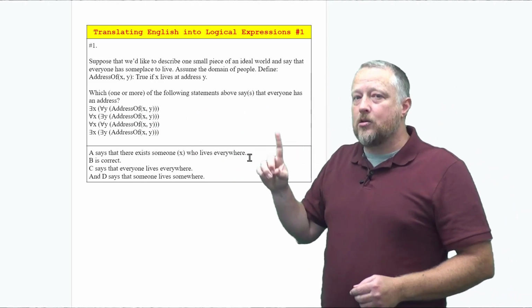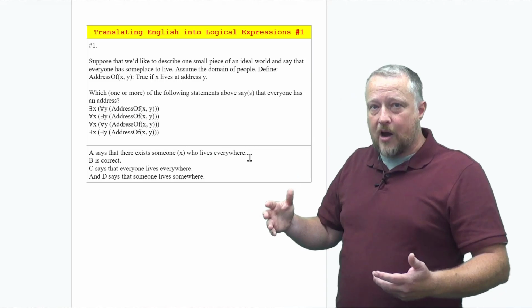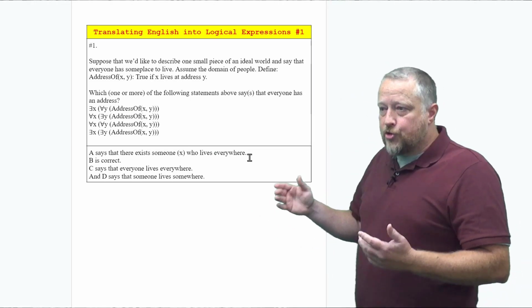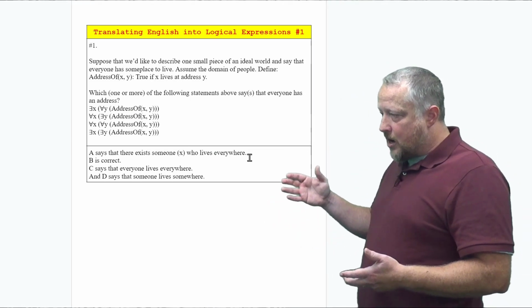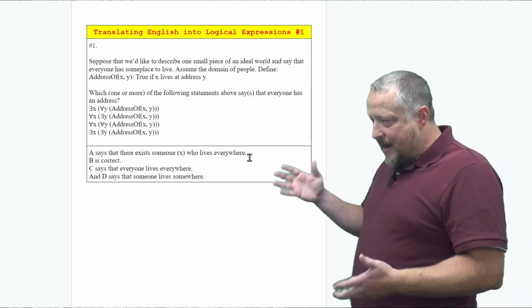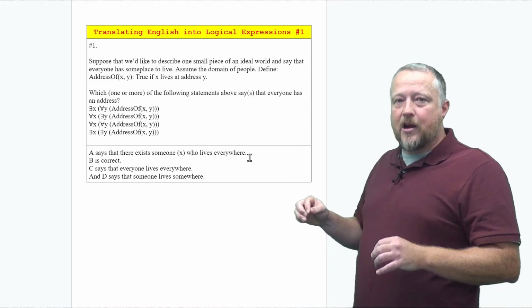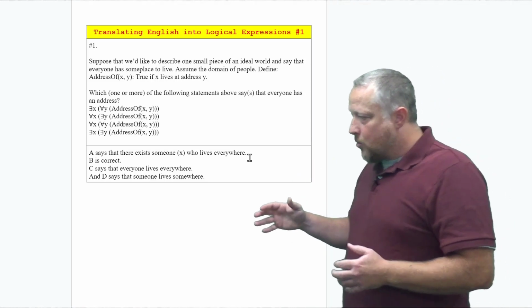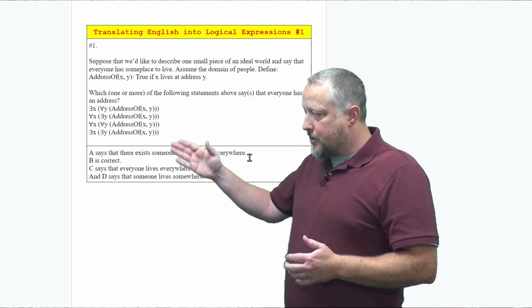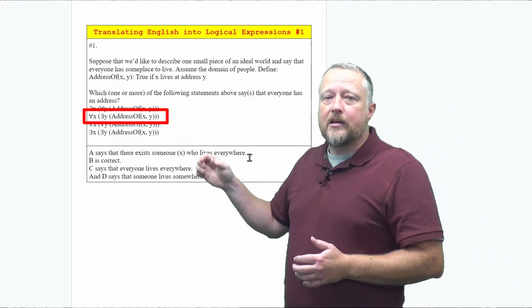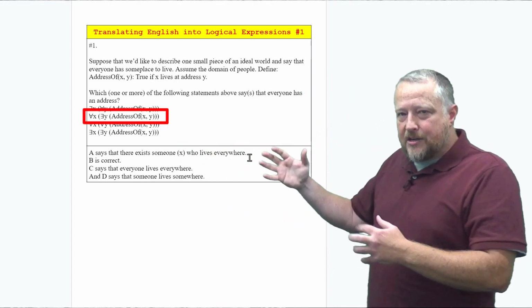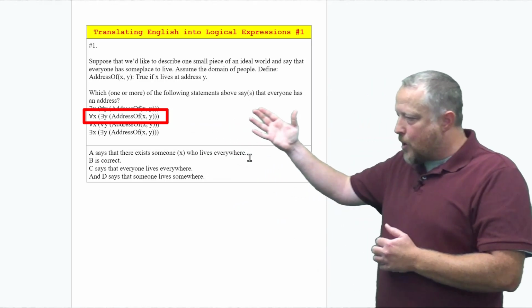Notice it's a single address. There's your other quantifier. So our general is going to take care of our anyone, and our existential is going to take care of our single address. Which one of them has that combination is actually going to be B. So that was their kind of giveaway just from the overall statements.